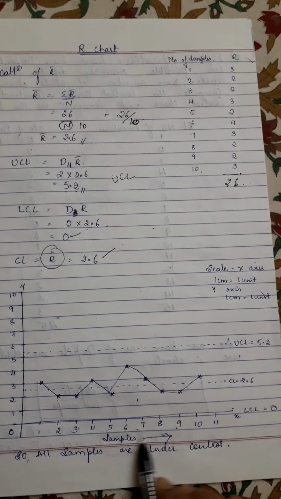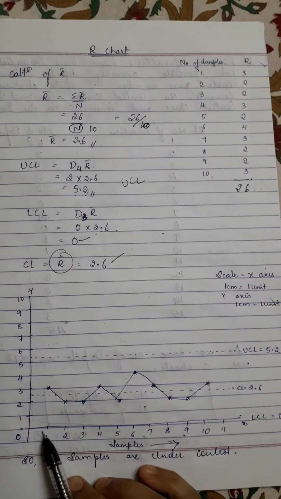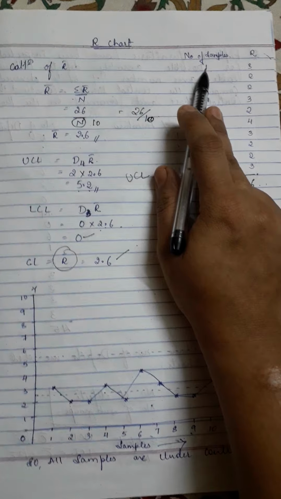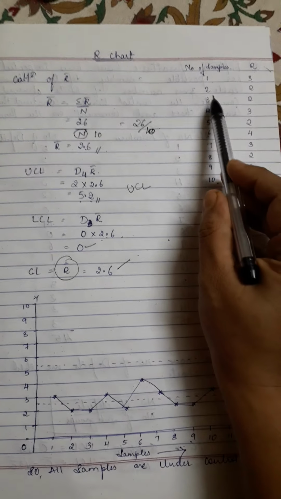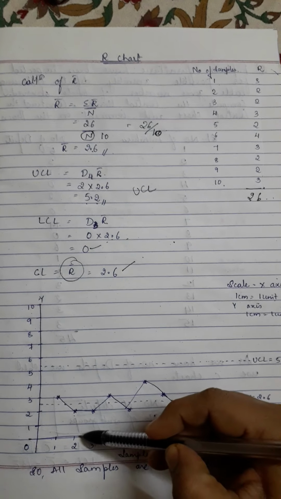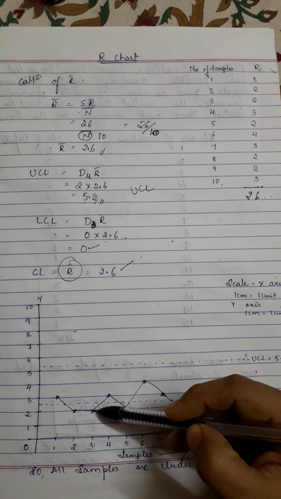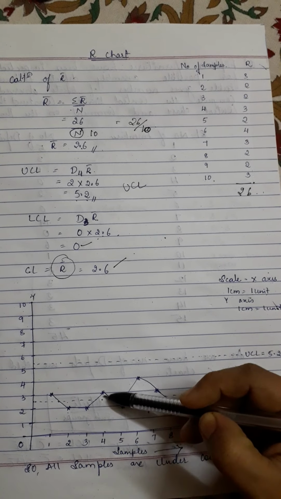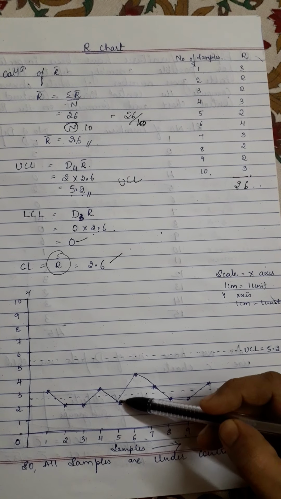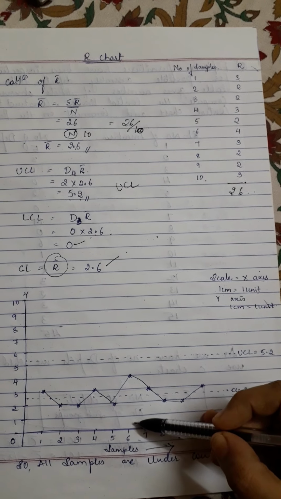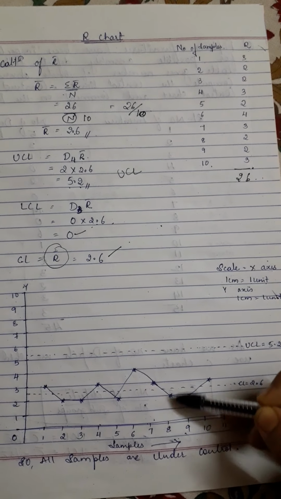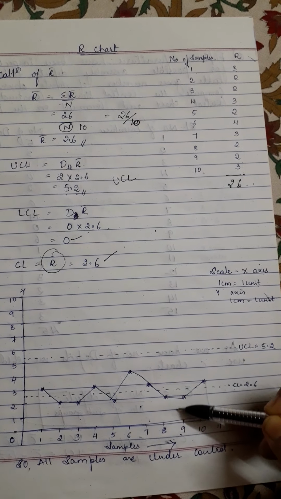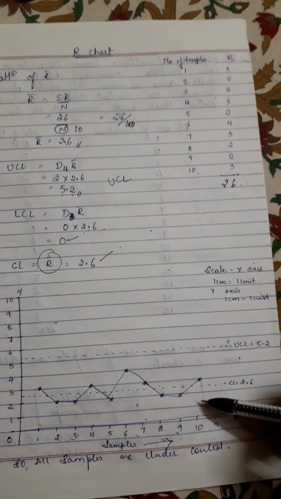For sample number 1 it is 3, for 2 it is 2, 3 it is 2, 4 it is 3, and 5 is 2. 6 is 4, 7 is 3, 8 is 2, 9 is 2, and 10 is 3.